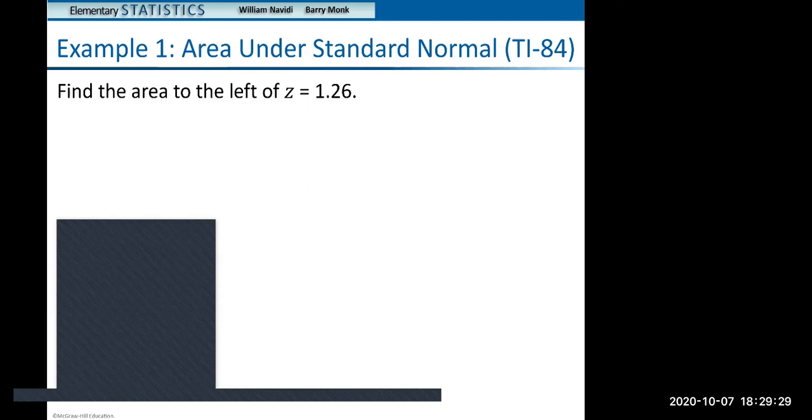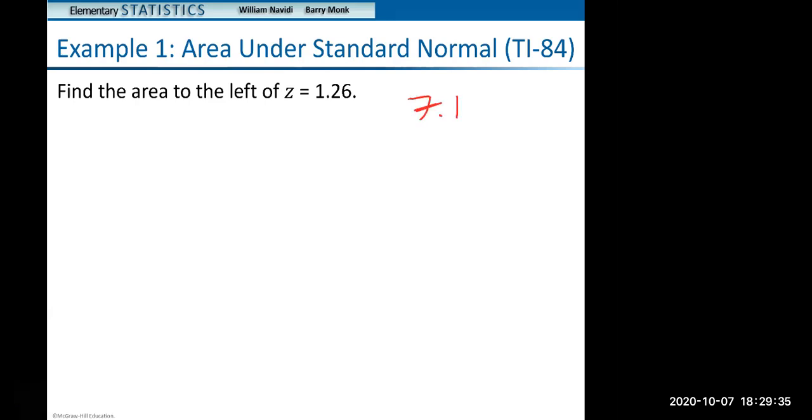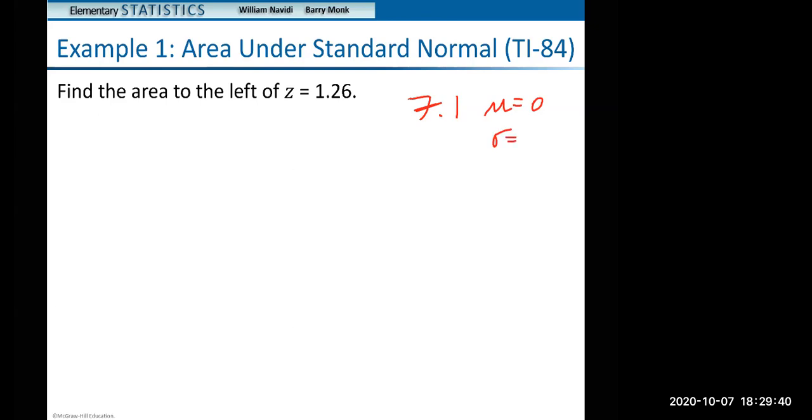Since this is 7.1, the mean is 0 and the standard deviation is 1. So you just need a number less than 1.